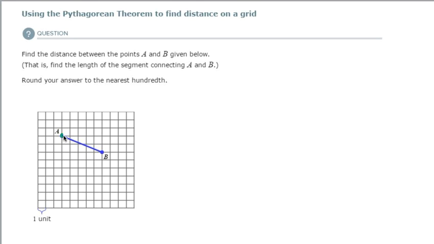I would plot the point A and label it A. Then to figure out B, I would count. I would say I'm going down 1, 2, and to the right, 1, 2, 3, 4, 5. So I would count out the units to get over to the B. I would plot that B and then connect my points.